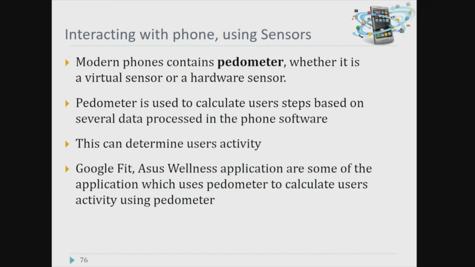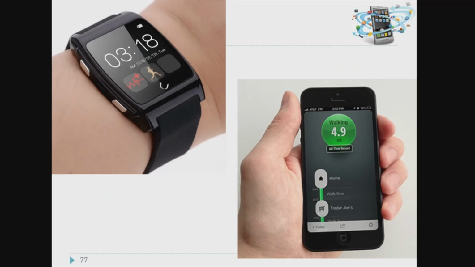Example here, we have Google Fit, we have the Access Wellness application. Some of the applications that use the pedometer for user activity. So if the question asks you about the sensor that allows you to calculate the steps, then the answer is pedometer. Okay, this is how those kinds of sensors are applied in your daily activities.